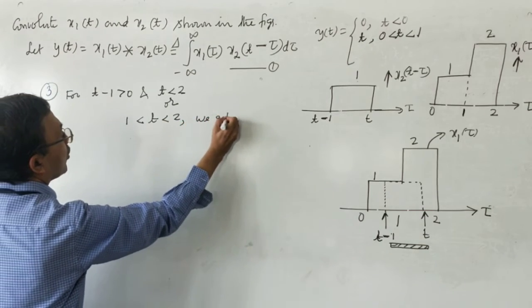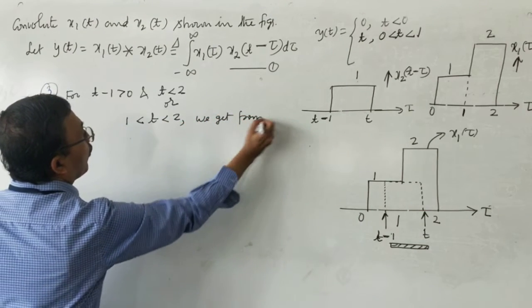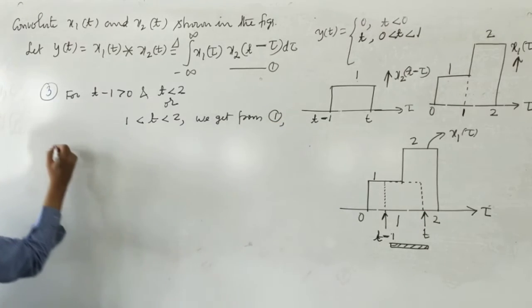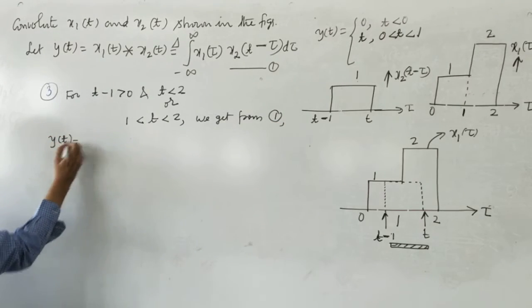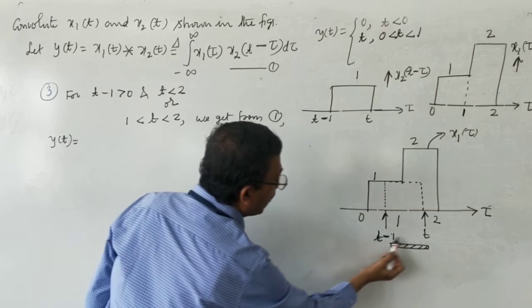We get from equation 1, y of t equals, now be careful, overlap is from t minus 1 to t.